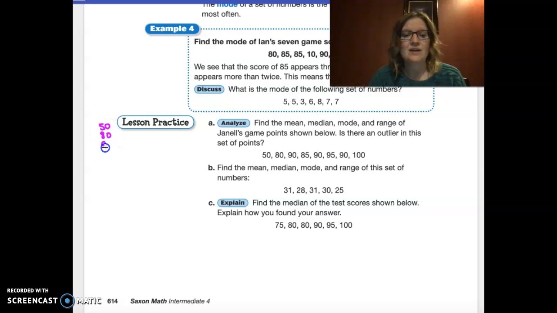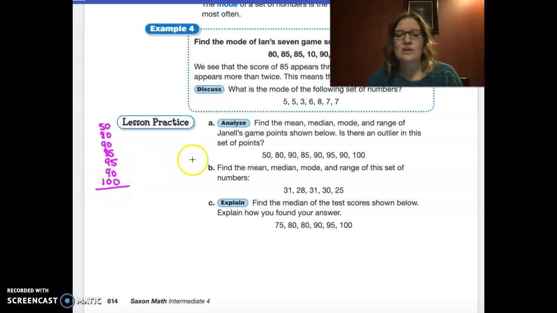50, 80, 90. I could see there have been times where I've forgotten to put a digit. I've overlooked a digit. So don't let this happen to you. Okay? So I've got to make sure I have 8 digits.